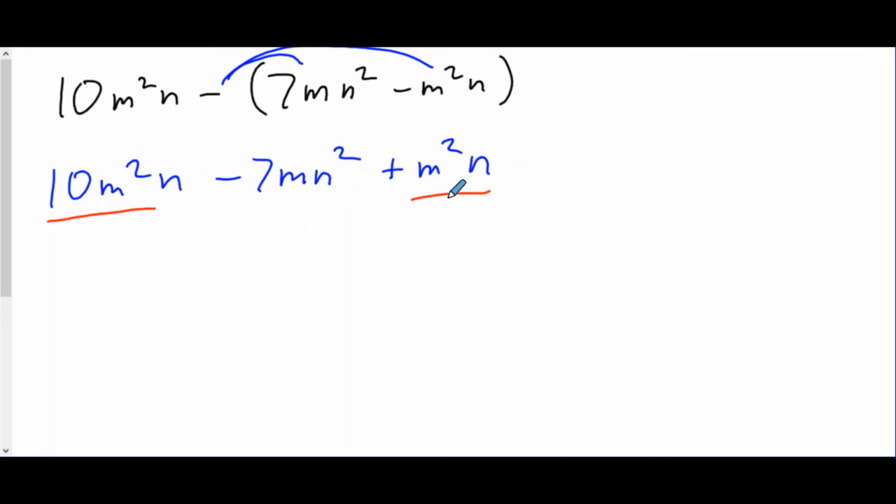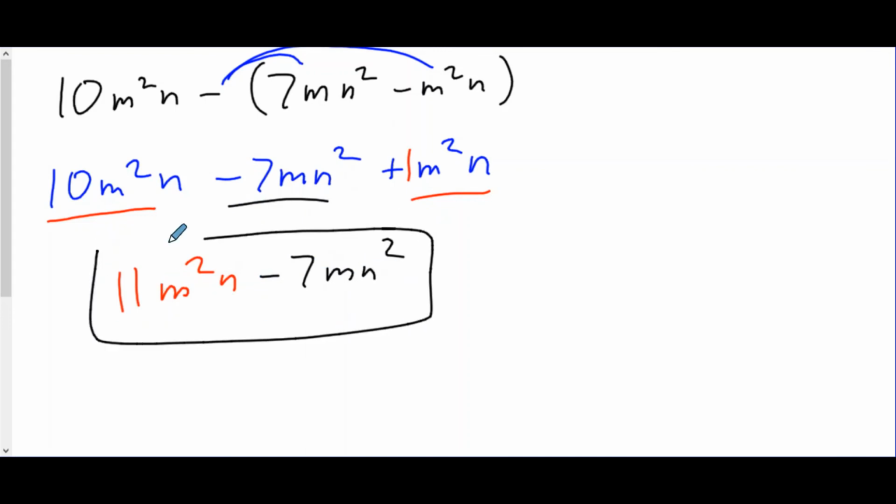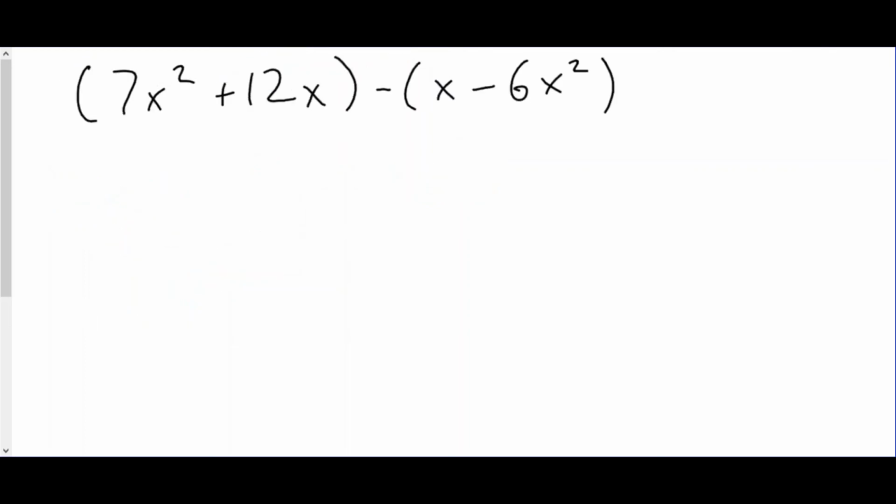I can combine these two. 10 m squared n's plus one more m squared n is a total of 11 m squared n's. And then I just keep this part the same because it has no like term to combine it with, and that's my answer.